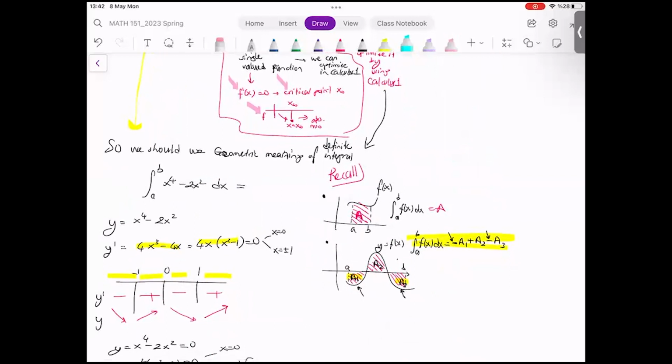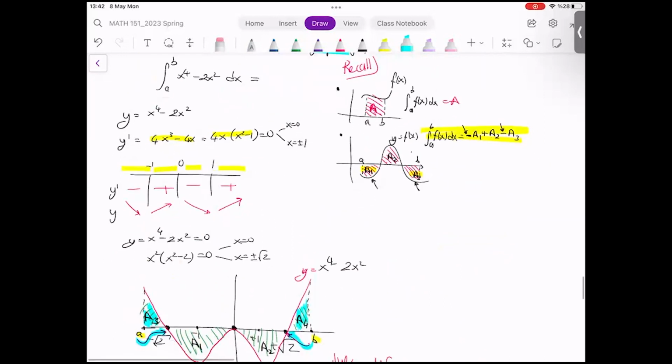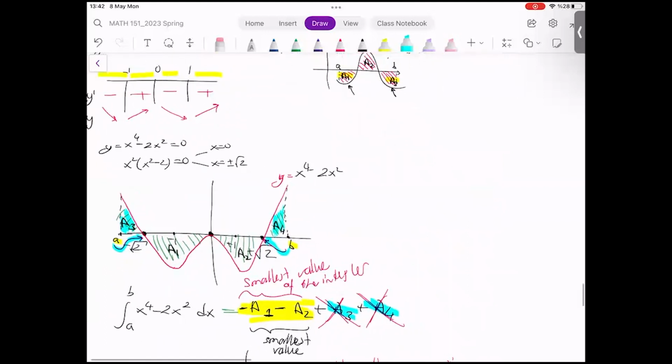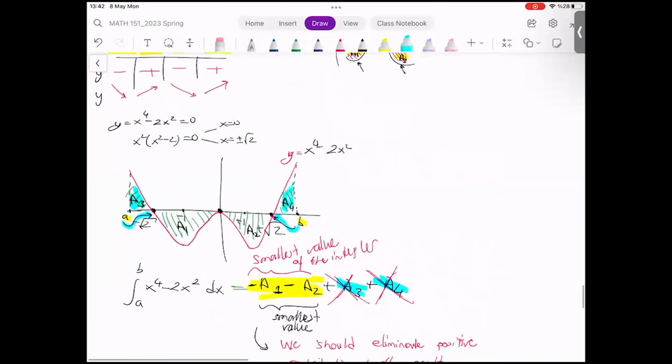That's why we change our strategy and start using the geometric meaning of the definite integral. What is the geometric meaning? The definite integral, which is given here, can also be computed geometrically by using the areas under your curves. Negative parts will contribute negatively, positive parts will contribute positively.